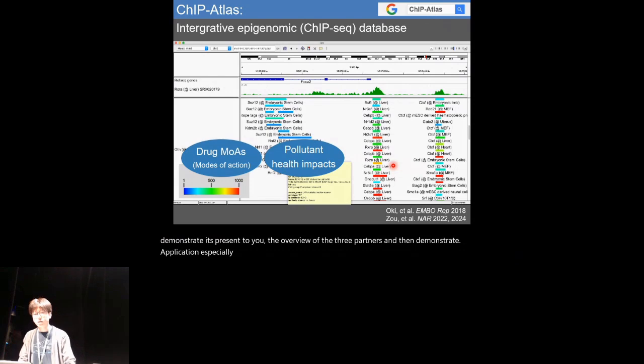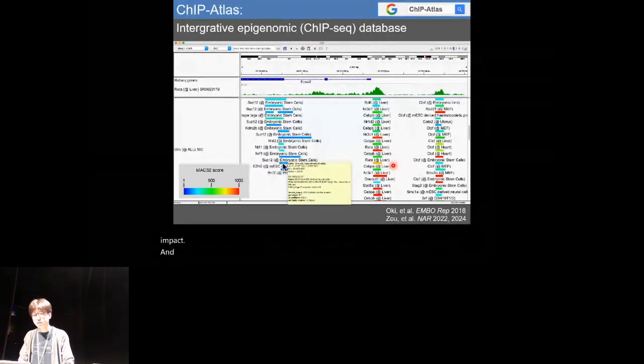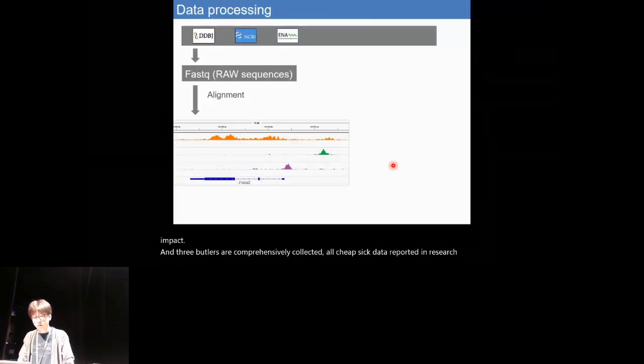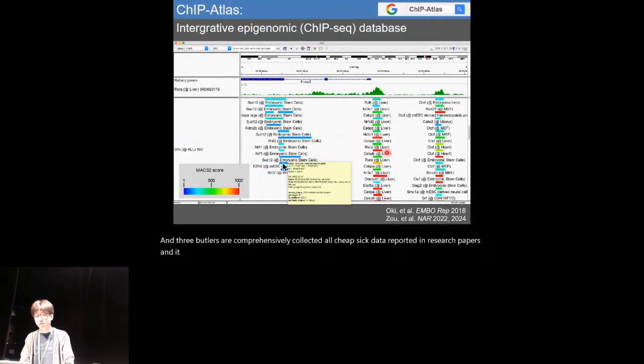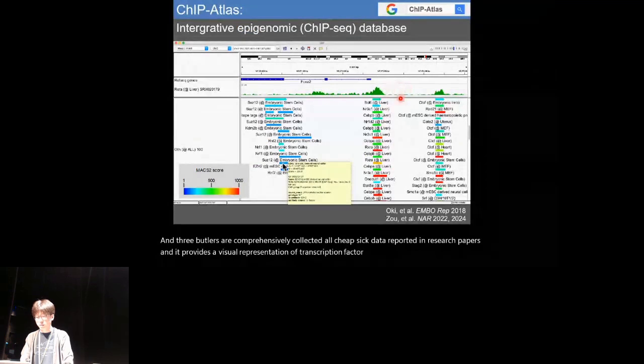ChIP-Atlas comprehensively collected all ChIP-Seq data reported in research papers, and it provides a visual representation of transcription factor bindings to specific genomic regions or genes.